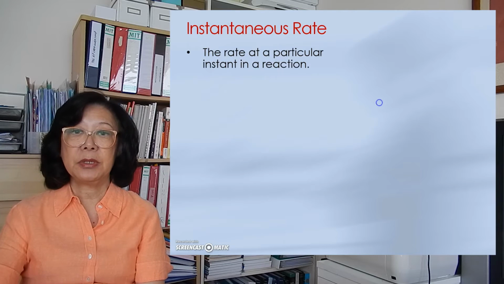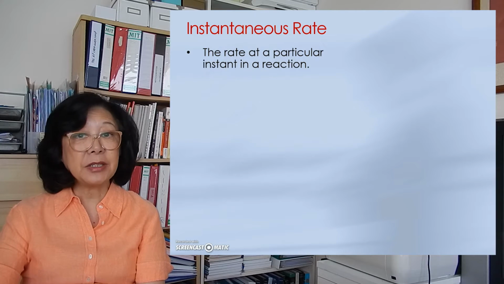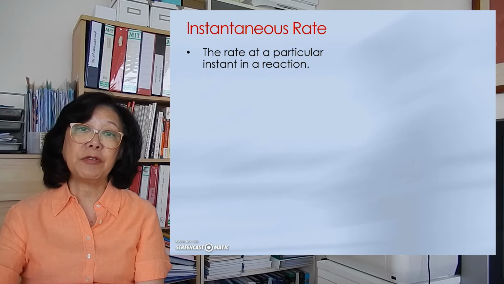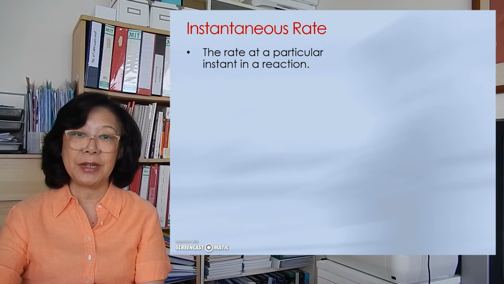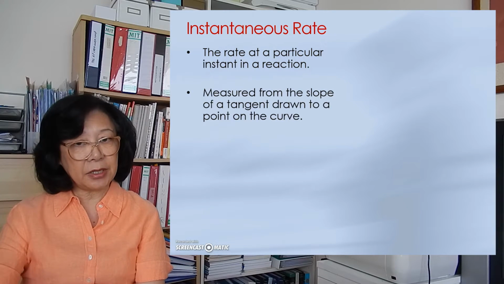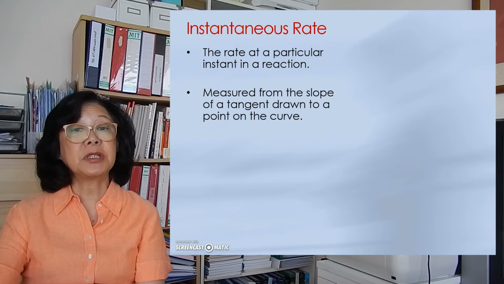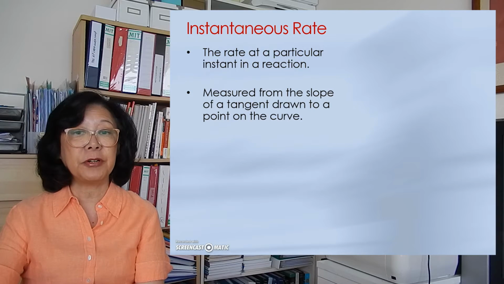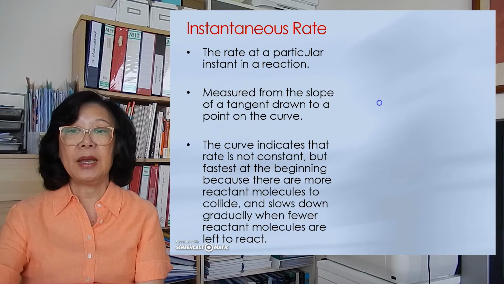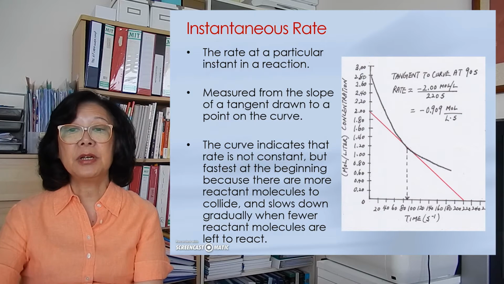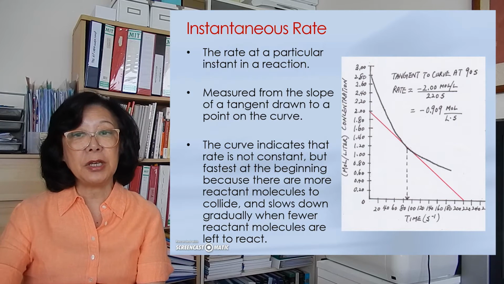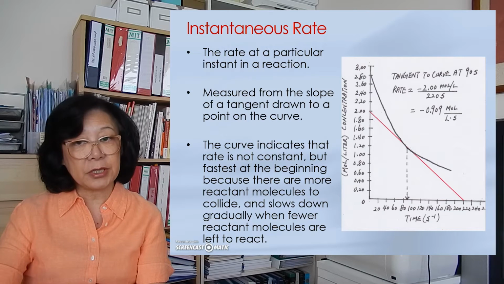Instantaneous rate. Because rate is not constant, we have to measure the rate at a given point in time, and we call that the instantaneous rate. We measure it from the slope of a tangent drawn to a point on the curve. If you look at this diagram here, we have a curve going downhill of concentration versus time.